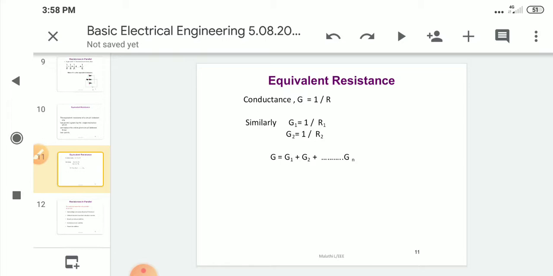Here conductance is the reverse of the resistance. The symbol of conductance is G. G is 1 by R. These two are reciprocal of each other. G1 is equal to 1 by R1, G2 is equal to 1 by R2, G is G1 plus G2 plus G3 and so on.